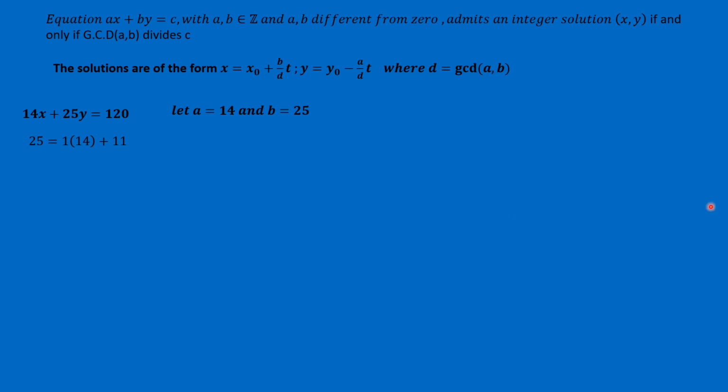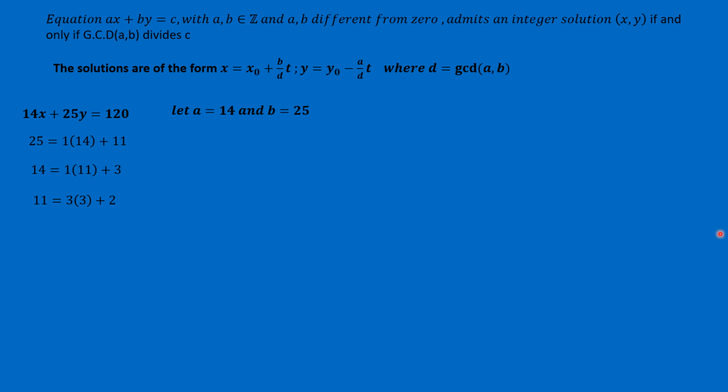So we have 14 divided by 11. It will go 1 time, remainder 3. Going forward, we divide 11 by 3, it will go 3 times, remainder 2. So at every stage of division, you apply the division algorithm.